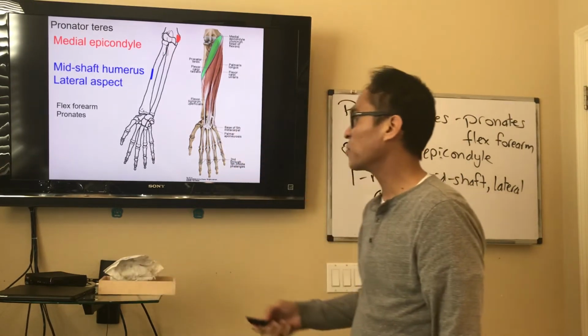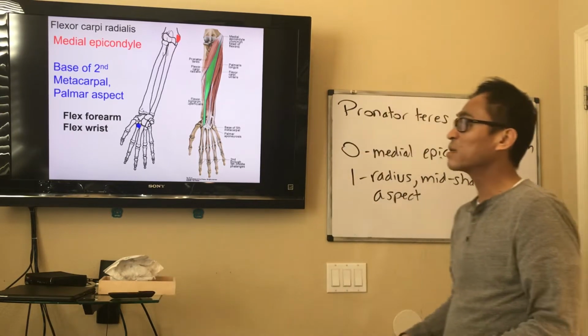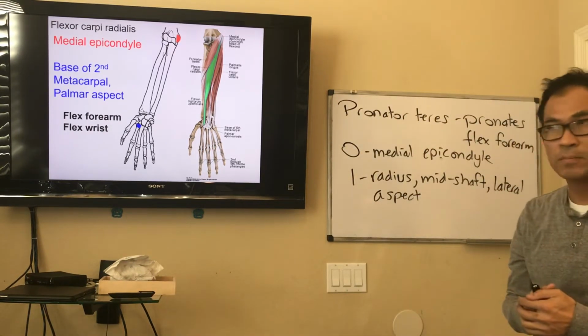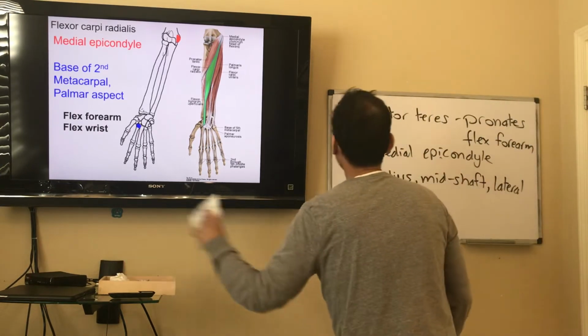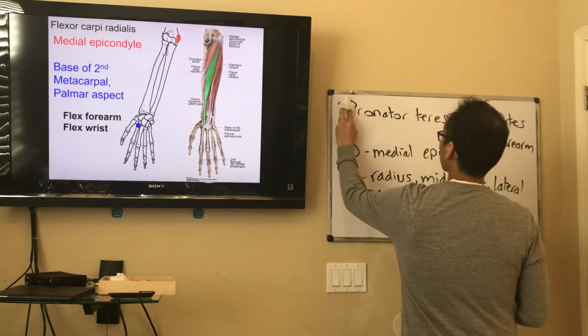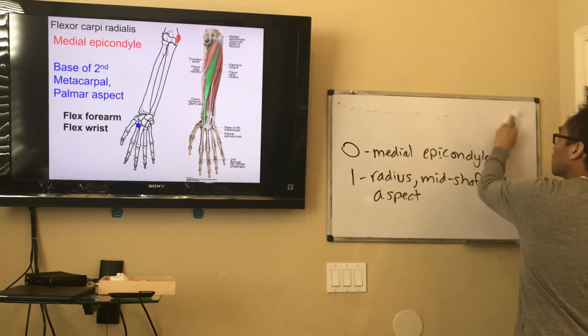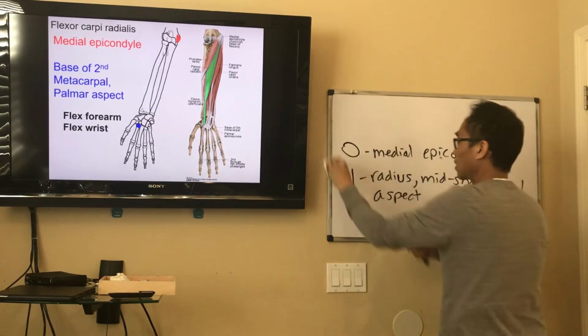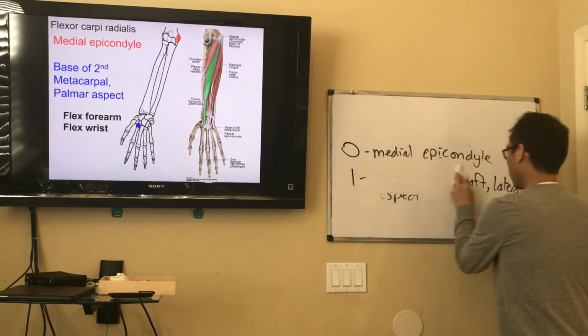Next muscle, right next to it. Flexor carpi radialis. A muscle named for what it does and where you can find it. I'm going to leave the O. They all have the same one. Change everything else.